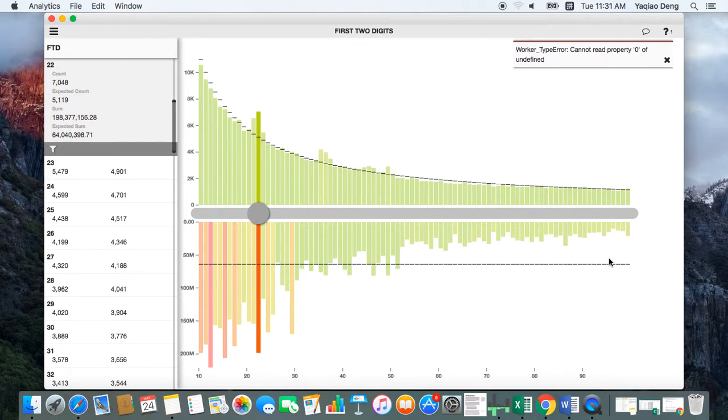So Forestpin has the first two-digit analysis and also the first two-digit summation analysis. The summation analysis compares the summation of values instead of frequency. This gives a different perspective to finding patterns and can be used together with frequency analysis to find errors and fraud easily.